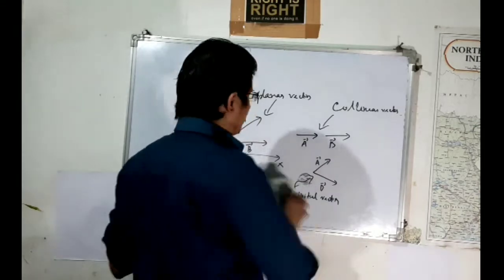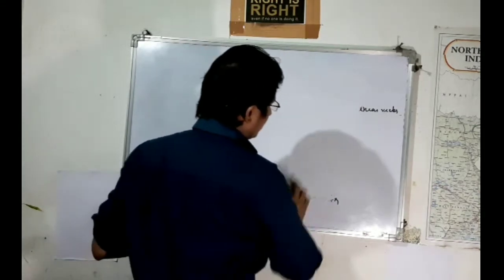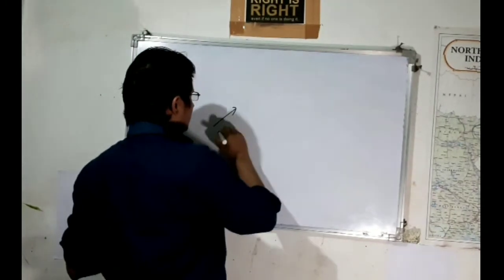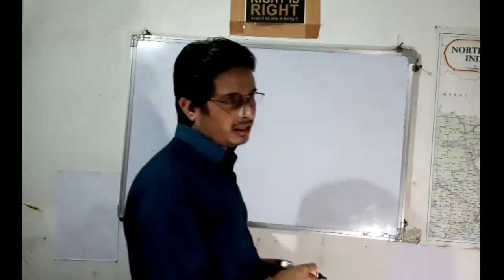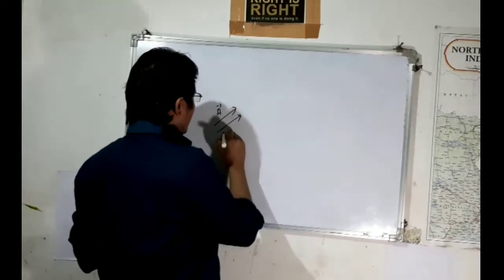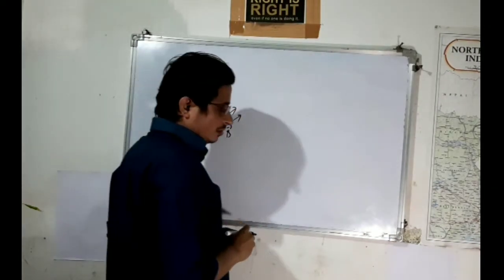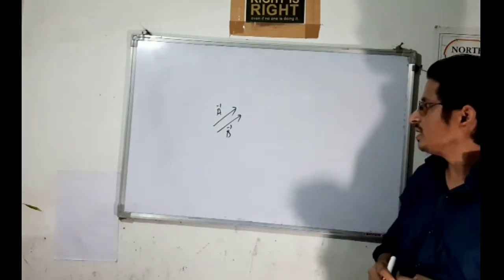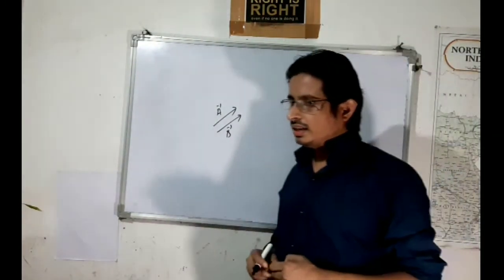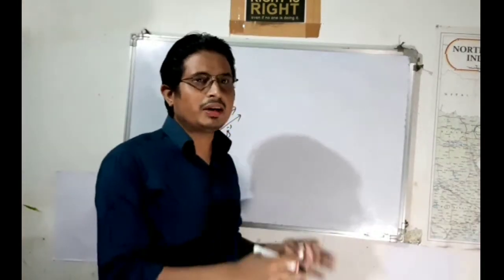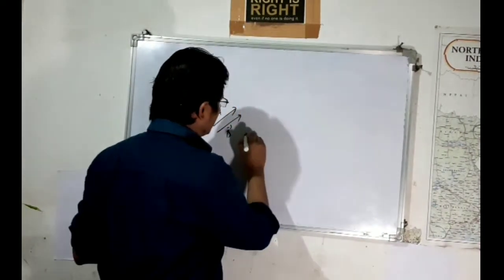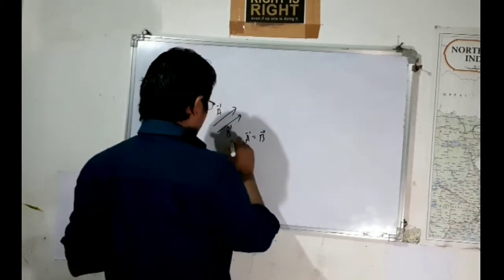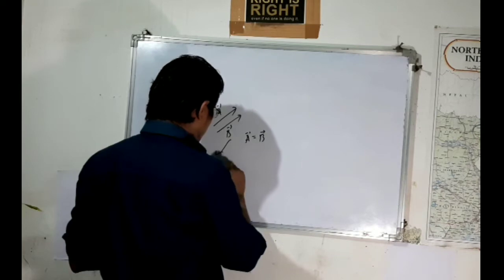Besides this, if two vectors are in the same direction and have the same magnitude, then these two vectors are known as equal vectors. Here A equals B.